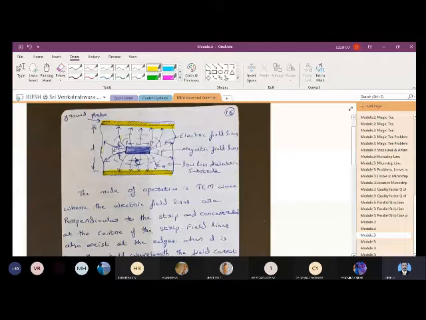D is the thickness of the dielectric slab. This is the ground plane, with electric fields and magnetic fields. This is epsilon R, the low loss dielectric substrate. The dotted lines are the magnetic fields, and the other lines are the electric field.